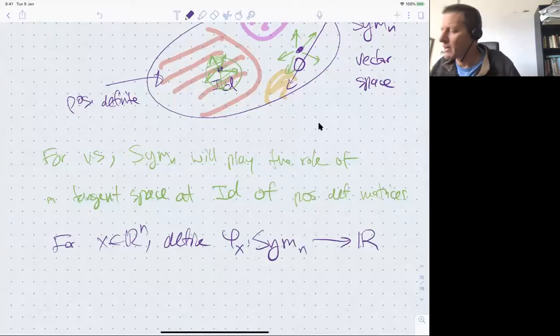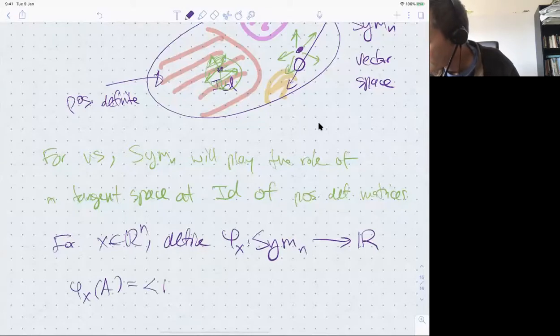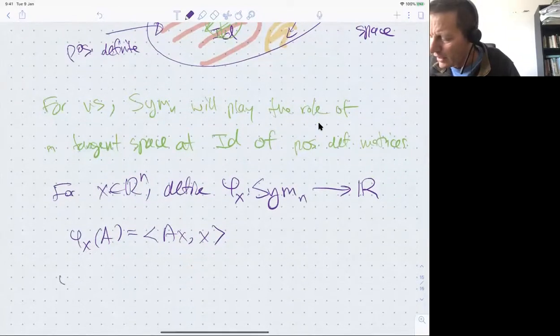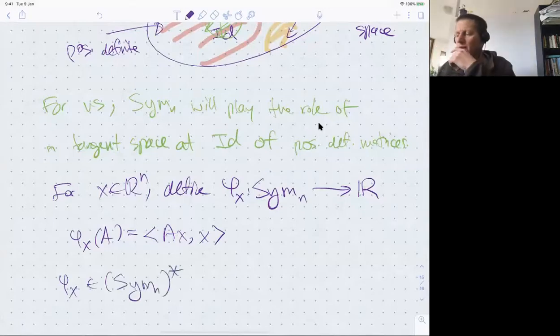Phi x takes a symmetric matrix A and computes the quantity Axx that we saw before. So this is a mapping, and note that phi x is linear. So it's an element of the space of linear functionals on symmetric matrices.